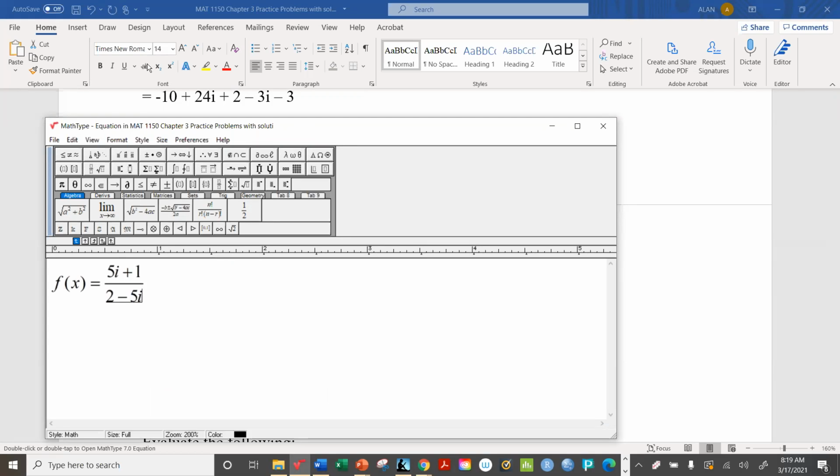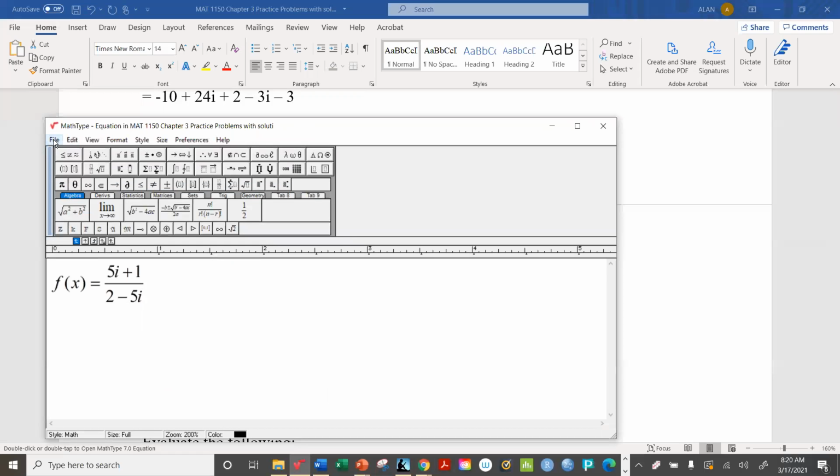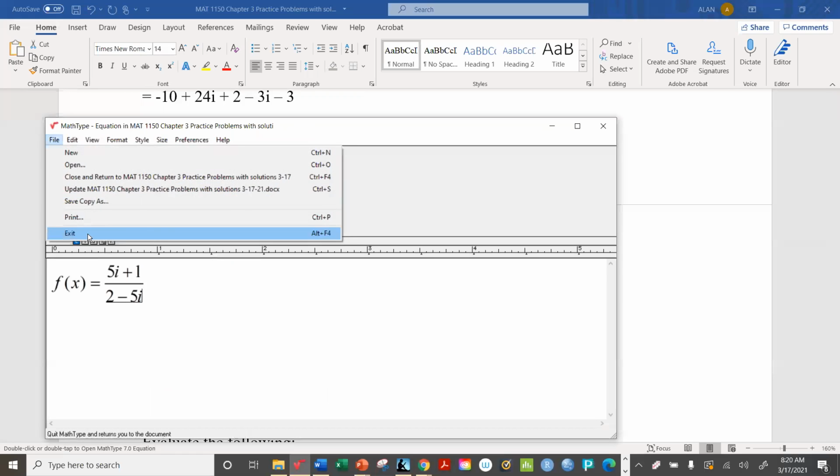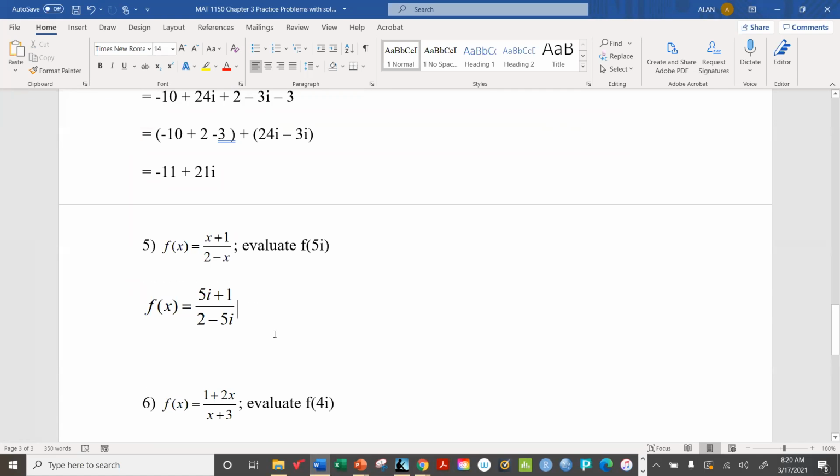And you might say, well, we're done. And we are, and yet we're not, okay? Because this is not the form that we prefer. Remember, we decided somewhere along the way that we would prefer not to have imaginary numbers in the denominator. So what do we do about it?